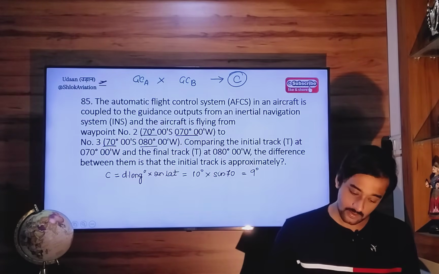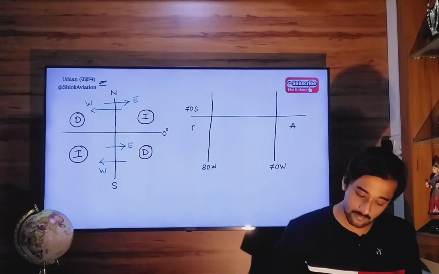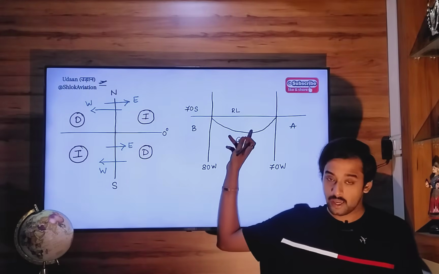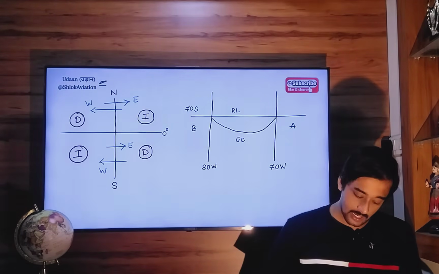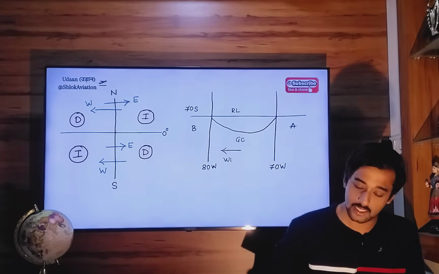So you're going from 70 west to 80 west. So you're going from point A here to point B. The great circle track will be like this. So you're going from A to B. That means you're flying in the direction of west, right?